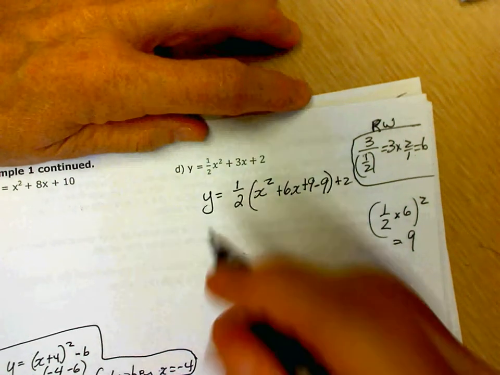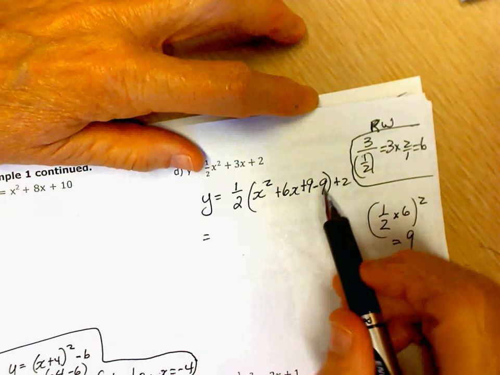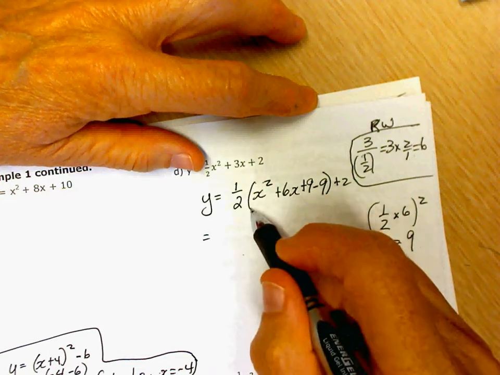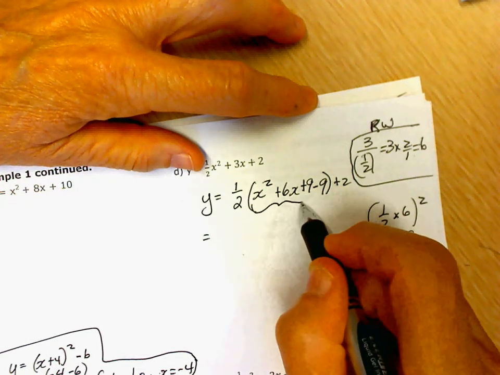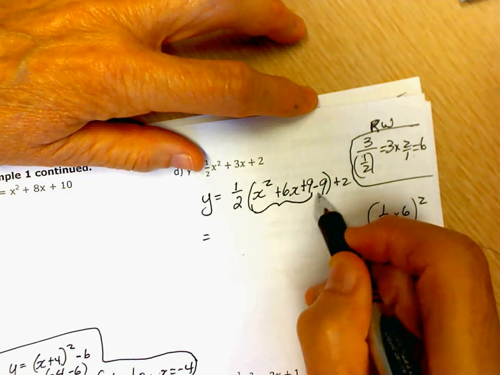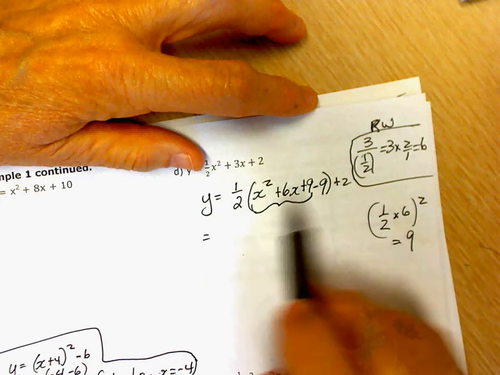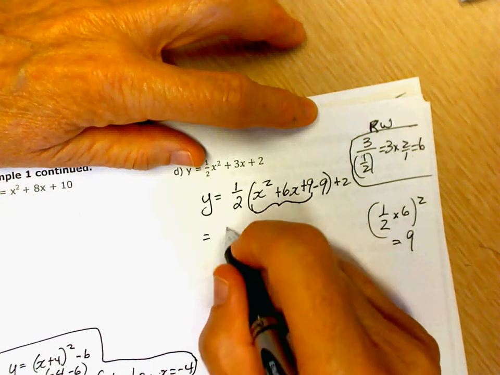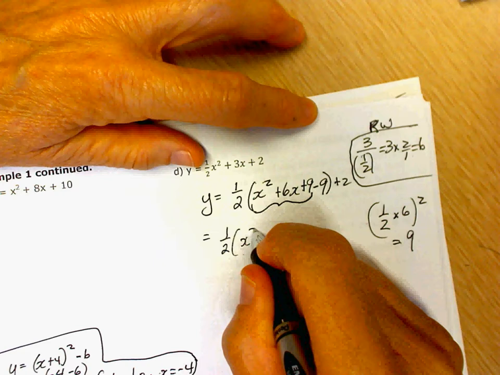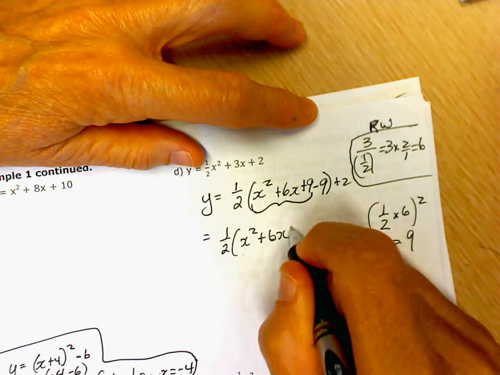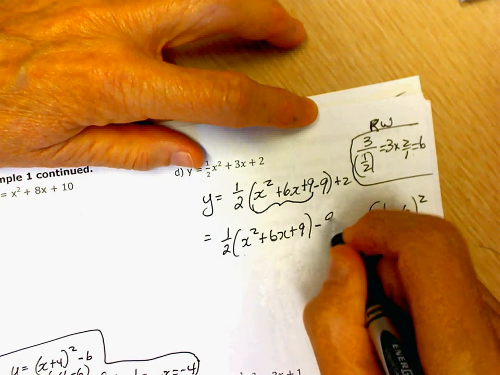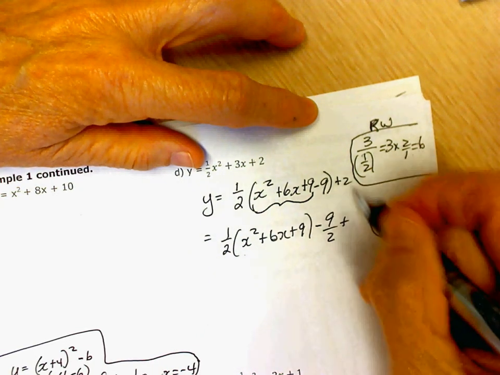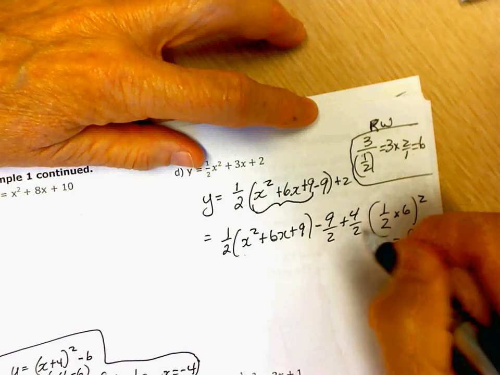Okay, we're going to have to kick that negative number out because we don't want to interfere with the perfect trinomial square. So to get it outside the bracket, we multiply it by 1/2. And we'll get a common denominator so we can add them up.